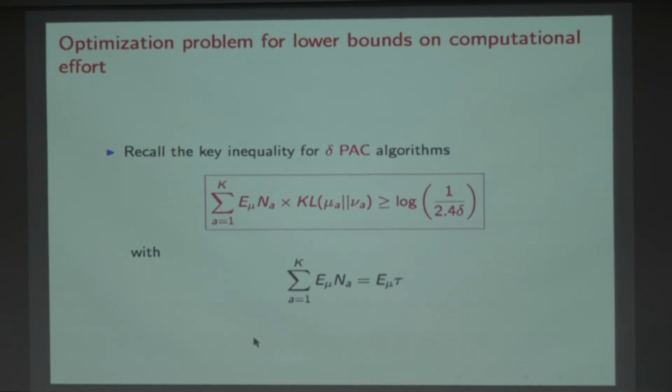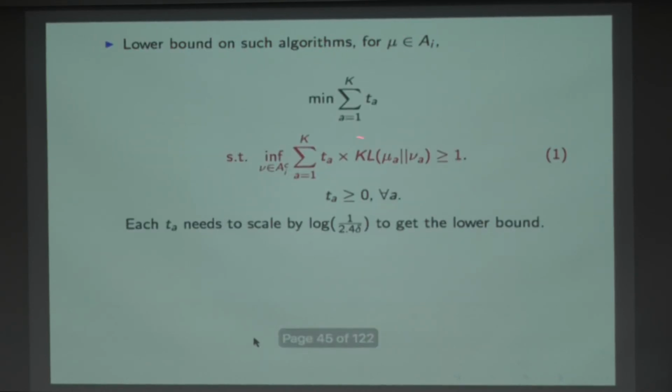So let me parameterize this, and in the space of all parameters here, let me find the ones which have the smallest value of this thing. And that's my lower bound to the overall problem. Right, so what I'm saying here is, I'll just call this a variable t_a for each a, because every delta-PAC algorithm has to satisfy this inequality.